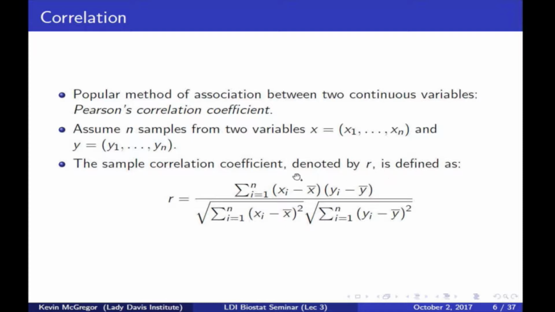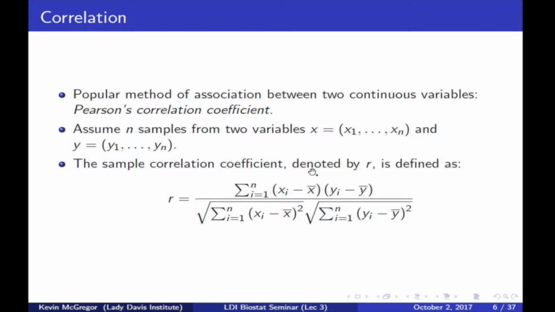What we see in the numerator here is a sum over all individuals, and something that looks a lot like a quantity that we had in our sample variance. So we had xi minus x bar squared before. Well, this time instead of squaring it, we're multiplying xi minus x bar by yi minus y bar.